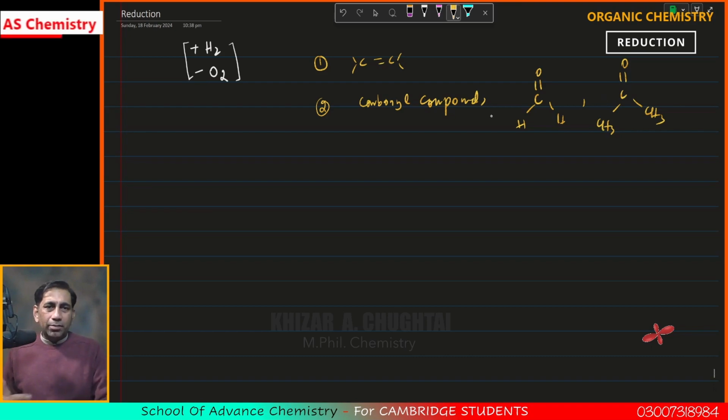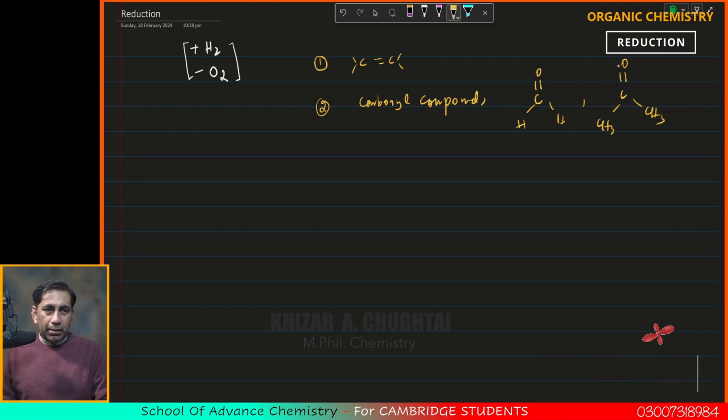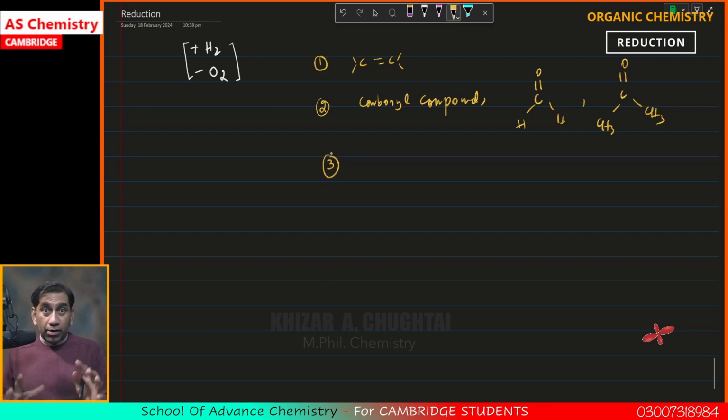Again, they have one common feature. Here it was the carbon-carbon double bond, and here it's not the carbon-carbon double bond, it's the carbon double bond oxygen, C double bond O. Third, fourth, fifth, generally, now I'm going to write the general hints.